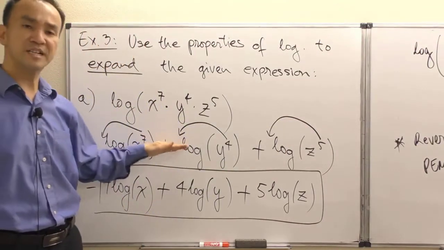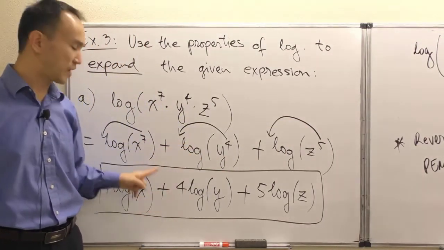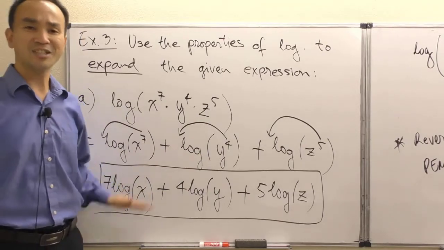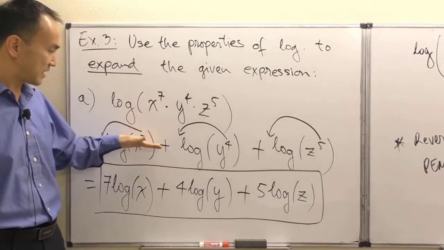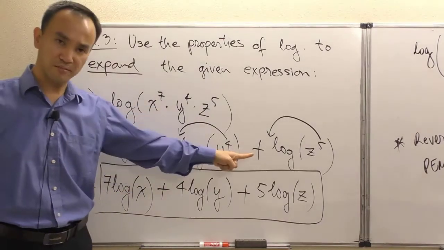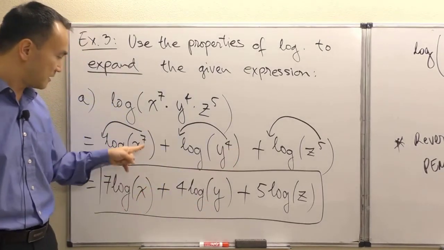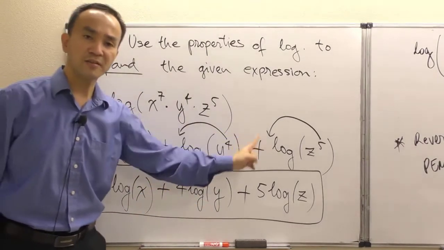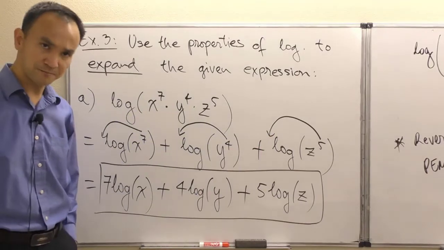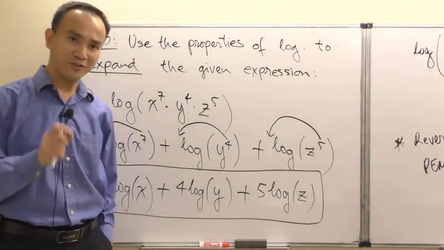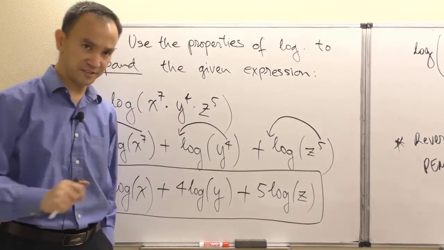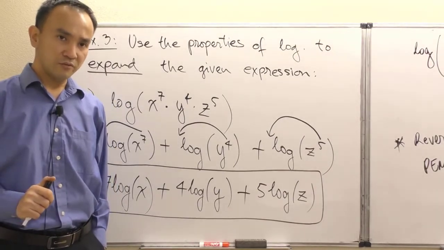That has to be done before using a rule to handle the power. That explains why the step where I broke it down into multiple terms comes before the step where I brought the power down and turned it into coefficients in front of each term. So think about it as reversing PEMDAS.